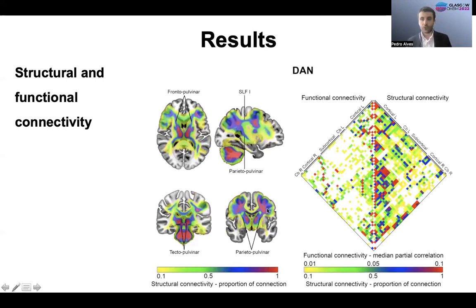In DAN, we saw the same pattern. So this structural map does not only show the typical association fibers, in this case, the first branch of the superior longitudinal fasciculus, but also subcortical projection fibers, namely the frontopulvinar, parietopulvinar, and also tectopulvinar fibers.